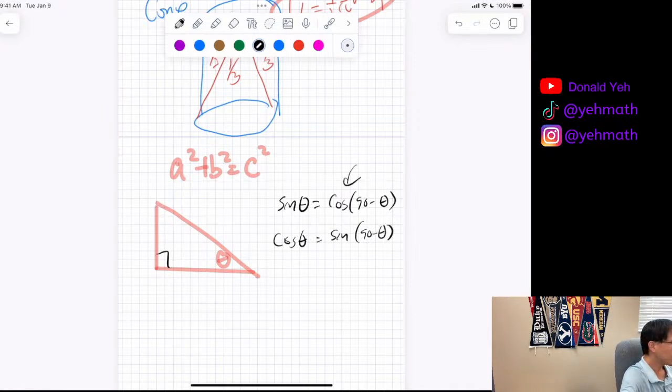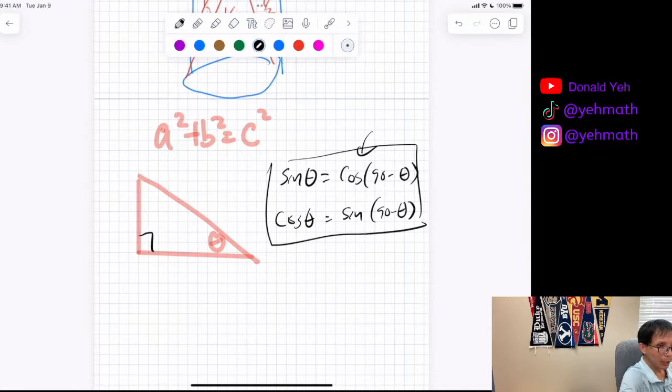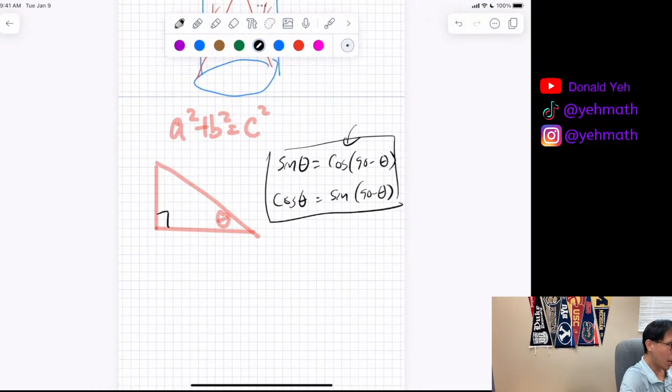Sine of 30 degrees equals cosine of 60. They like this new SAT thing. I don't know why they test the cofunction identity, but whatever. So sine of 1 degree is the same as cosine of 89 degrees, and vice versa.